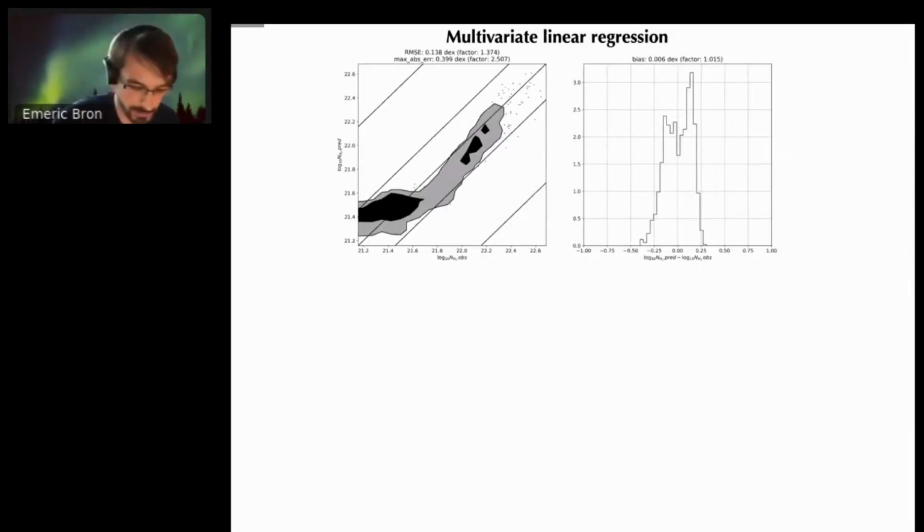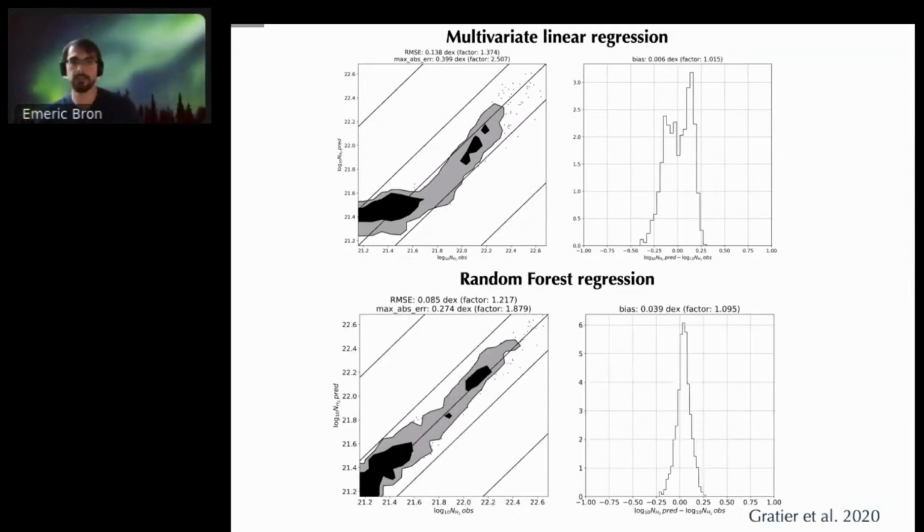So first, if we compare what we get with a simple multivariate linear regression based on all of our molecular lines to what we find with this random forest model, we see that with a multivariate linear regression, we had something that was already pretty good, which is what we expected from our PCA analysis, but with significant biases.